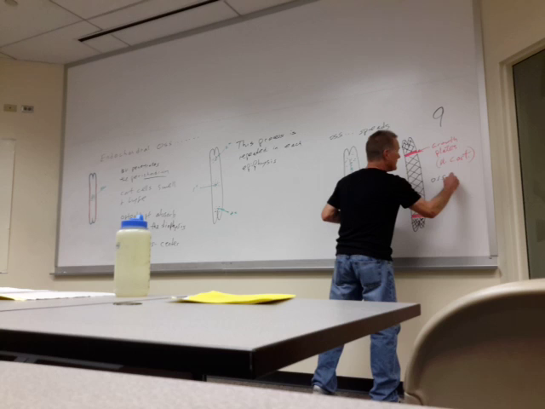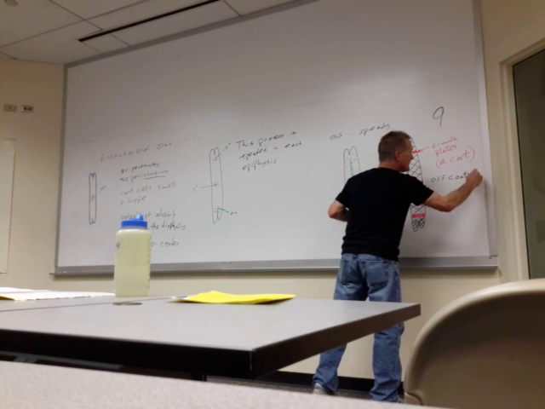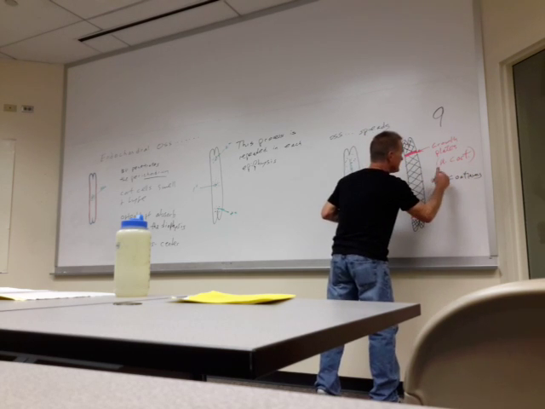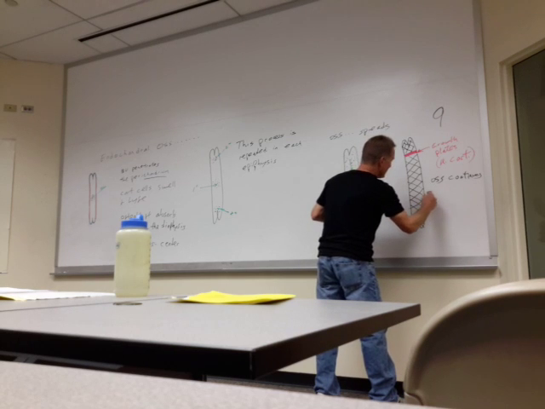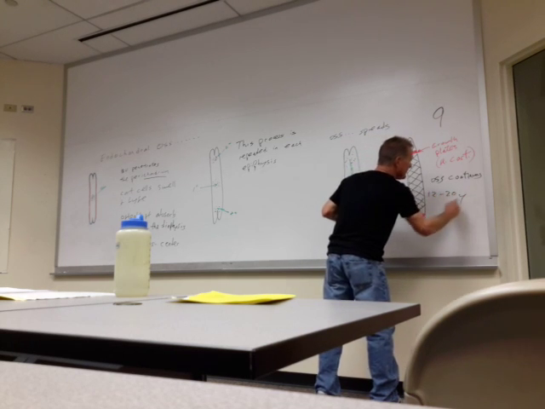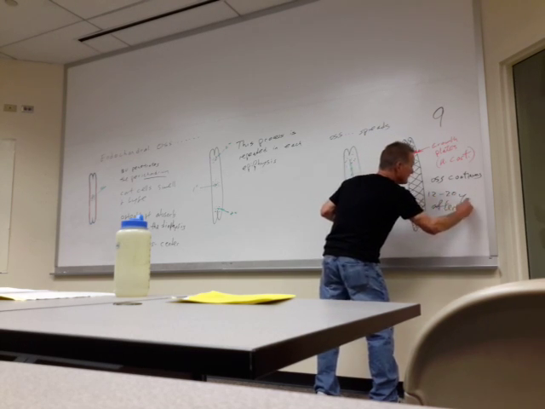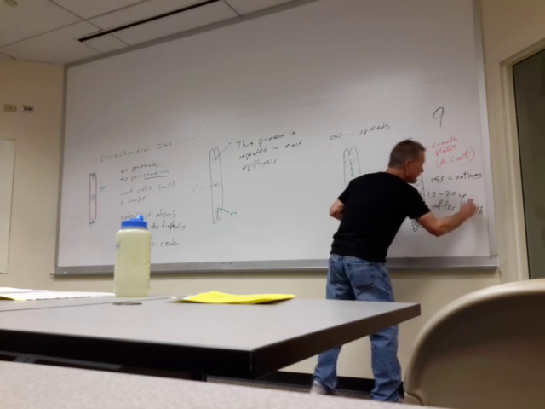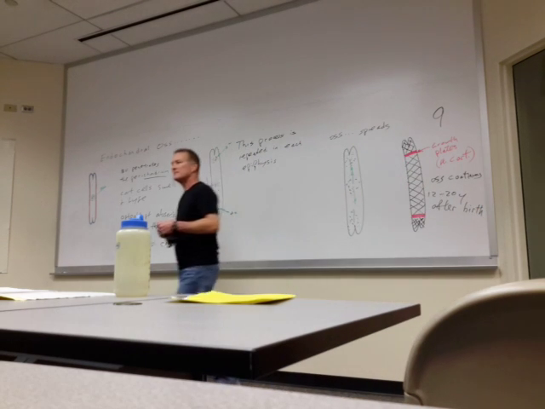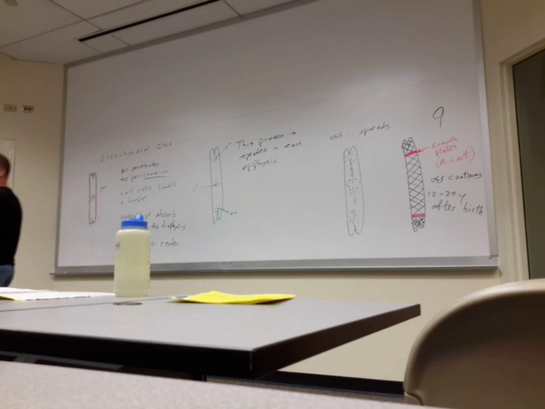Ossification continues anywhere from 12 to 20 years after birth. In some cases, a female doesn't elongate anymore after 12 or 13 years old.